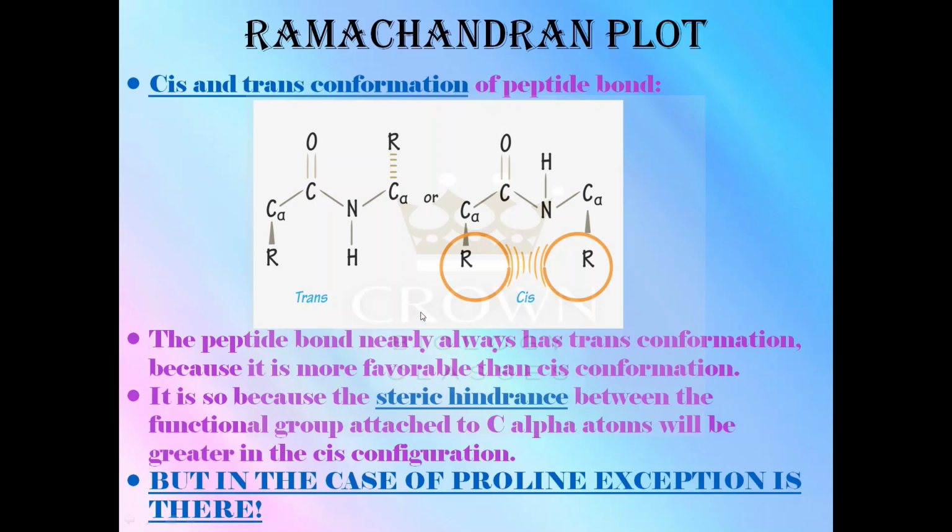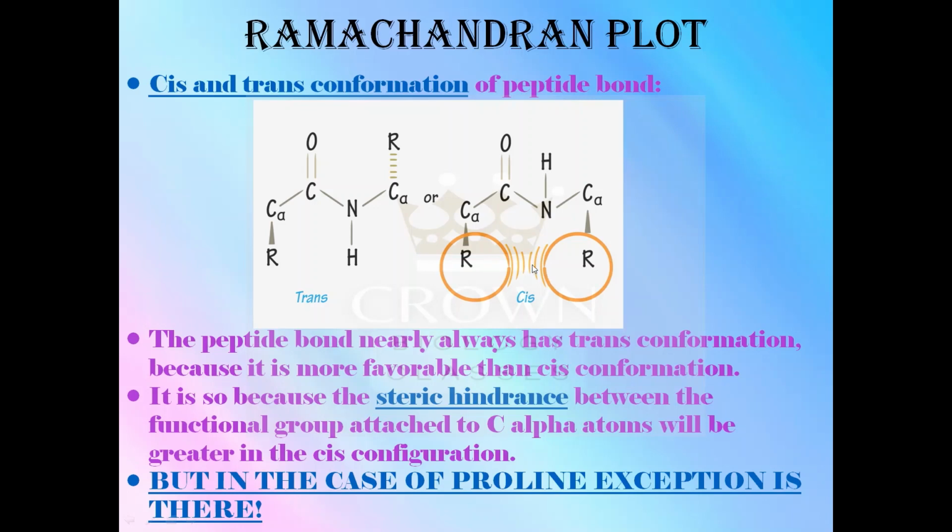As you can see in the diagram, then comes cis and trans conformation of the peptide bond. The peptide bond nearly always has trans conformation because it is more favorable than cis conformation. As you can see in the diagram, the trans conformation is more favorable because the alkyl groups attached to the alpha carbon atoms are present on opposite sides, but in case of cis conformation, these alkyl groups are present on the same side.